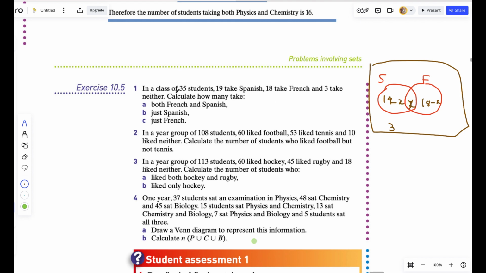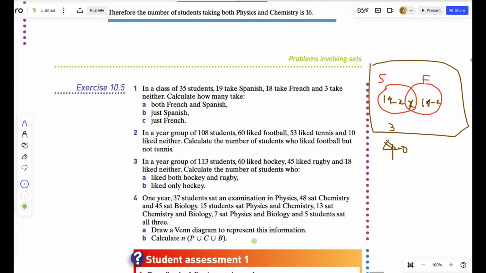And there are a class of 35. So we're going to add all of this together. 19 plus 18, we get 37.